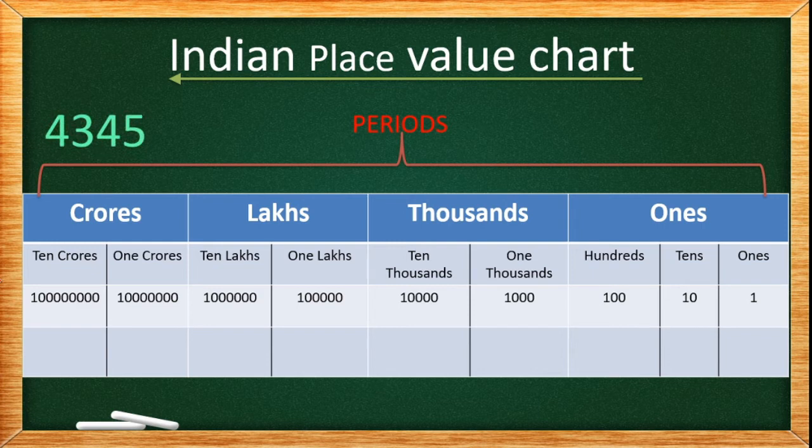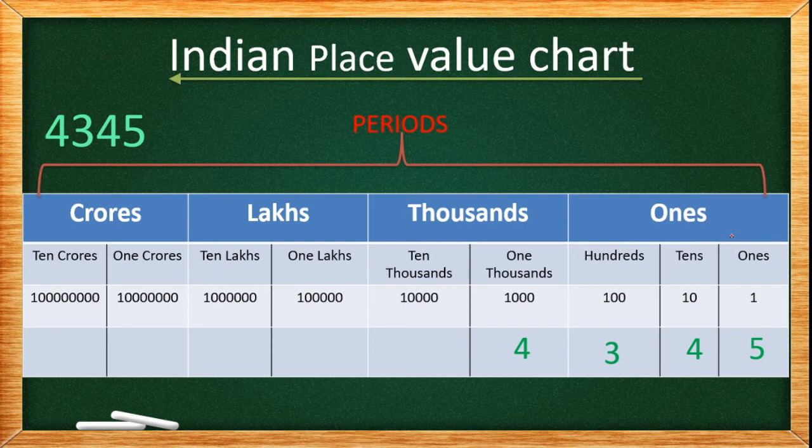Here 5 goes to ones place, 4 to tens place, 3 in hundreds place and 4 in 1000s place. As I said earlier, first row in the place value chart shows periods. So in Indian place value system, we have ones period, thousands period, lakhs period and crores period.